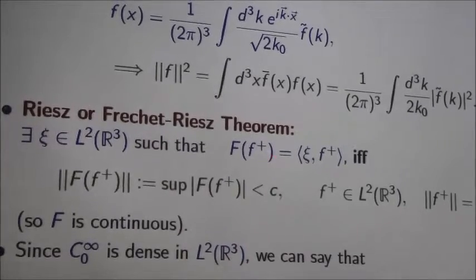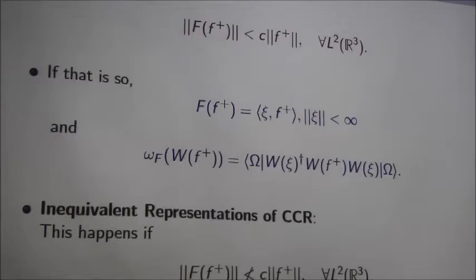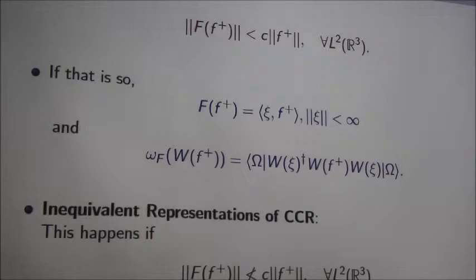So if psi is an element of the Hilbert space, what you can see immediately is that the omega f I wrote down is equivalent to the vacuum expectation value of this W of f plus, but twisted by this W psi dagger. And W psi is an element of the Hilbert space.